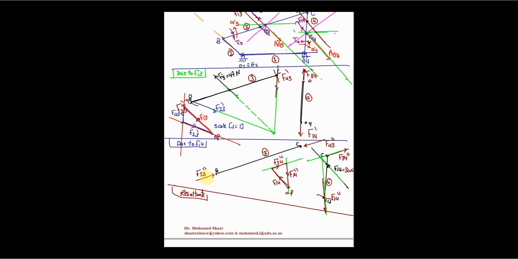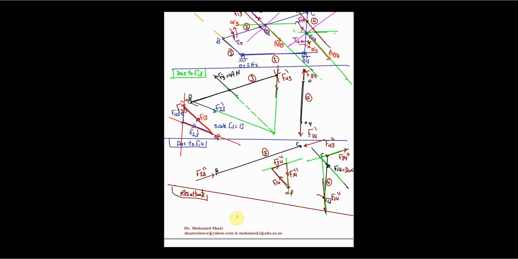We already got the F23 dash, 36 Newton, and we got the F23 double dash, 17 Newton. So let us assume scale 1 to 1 and start from any zero point. Let us start from this point.